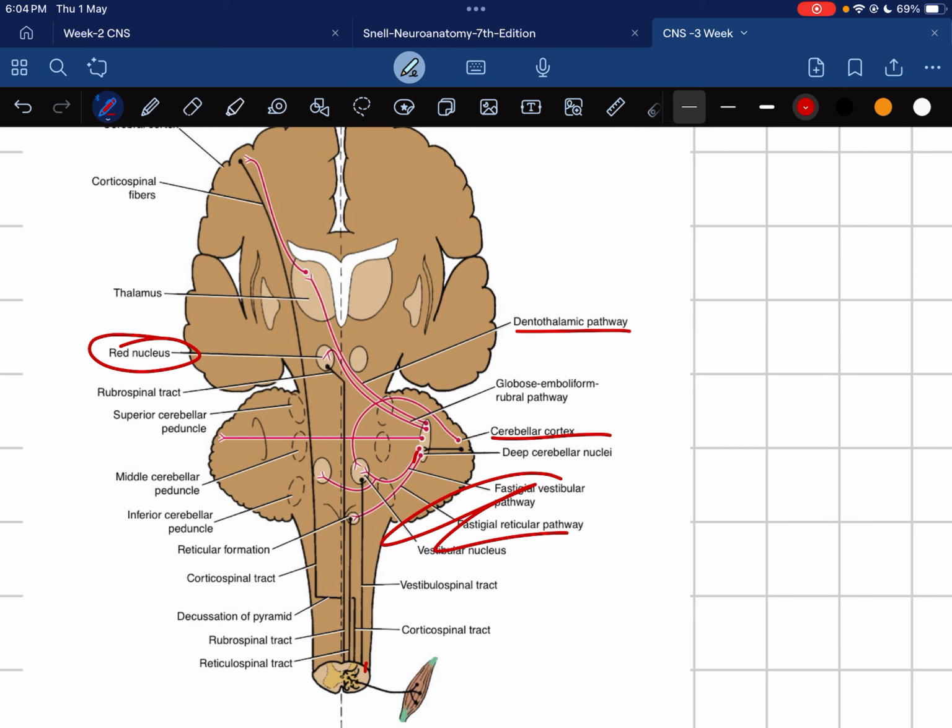And there is also the cerebelloreticular pathway, which connects the reticular formation with the cerebellum, and it controls the reticulospinal tracts. These are some of the tracts.